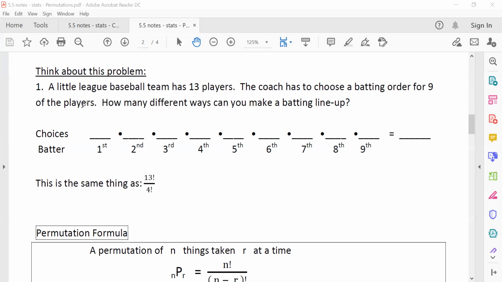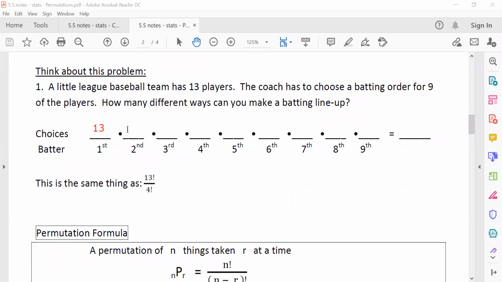How many ways not only can the coach pick 9 out of the 13 players available, but also reorder the 9 different players themselves, because there are a lot of different ways you can take 9 people and put them in a batting order. So the first choice that the coach has: for the very first position in the batting order, the coach has 13 players available.